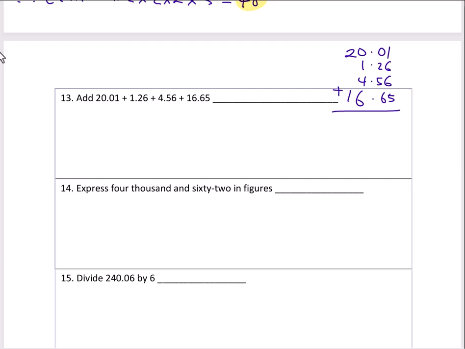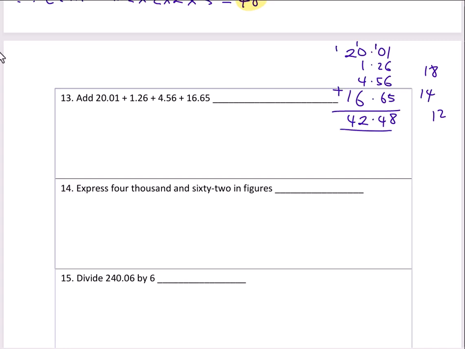7 plus 6 is 13. 13 plus 5 is 18. So we'll write 8 carry 1. 1 plus 0 is 1, plus 2 is 3, 3 plus 5 is 8, 8 plus 6 is 14, so write 4, carry 1. 1 plus 0 is 1, plus 1 here is 2, and then 2 plus 4 is 6, 6 plus 6 is 12, so write 2 and carry 1. 1 plus 2 is 3, plus this one, that's giving us 4.